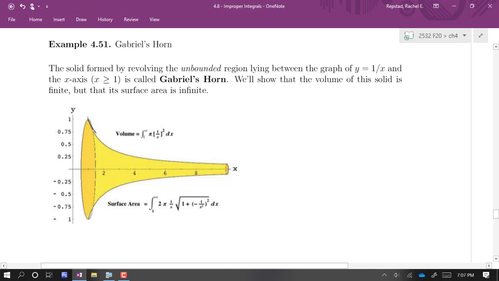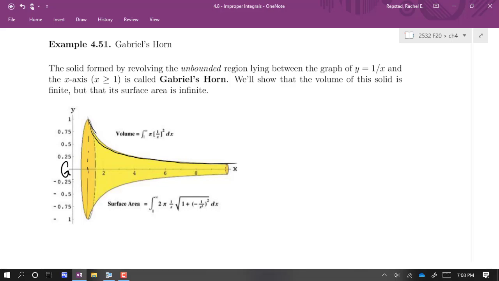So that's this curve right here, and x equals 1, and then going out to infinity. So this does not end. This extends indefinitely, and then revolving that about the x-axis.